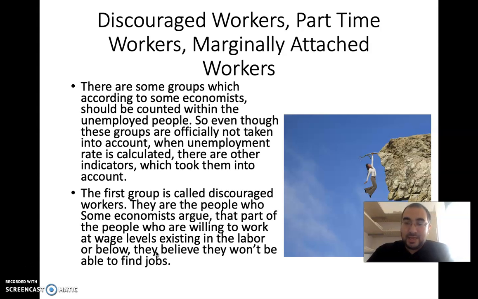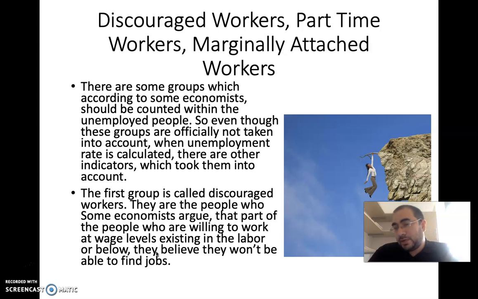So once in a while they find jobs, but then remain unemployed, then find a new job, but they mostly stay unemployed. But at a certain frequency, they also find some temporary jobs.